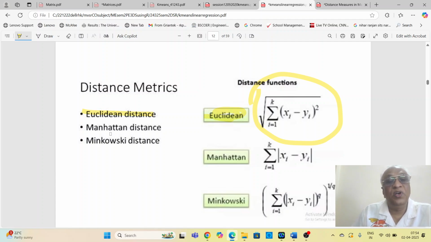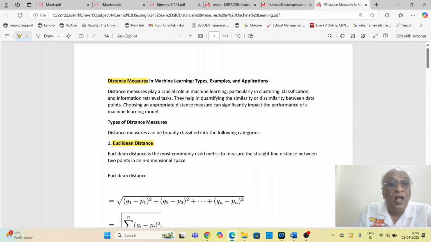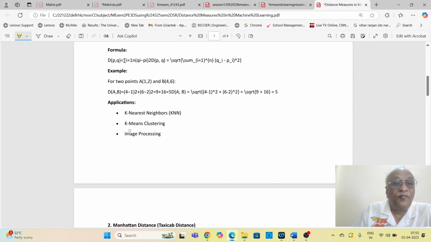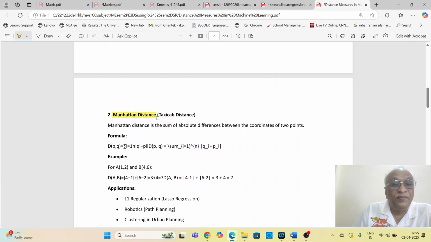I need to find out which group or cluster this data point belongs to. So the distance measure, Euclidean distance, is used for similarity, for grouping, for clustering, for K-means clustering. Like that, there are other distance measures also, like Manhattan or Minkowski. Manhattan is there.